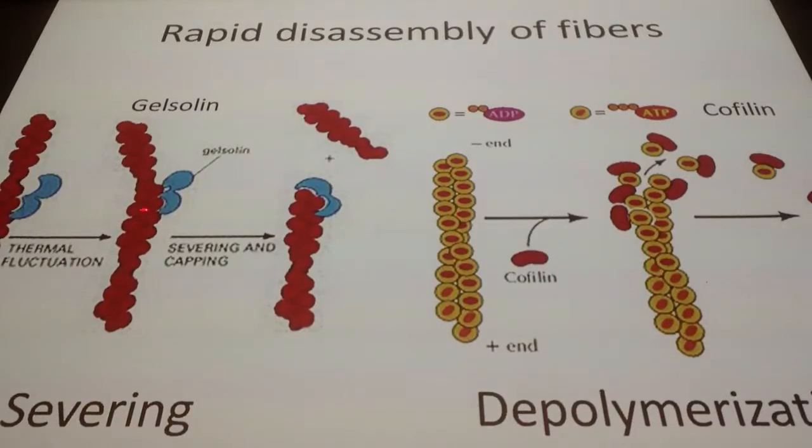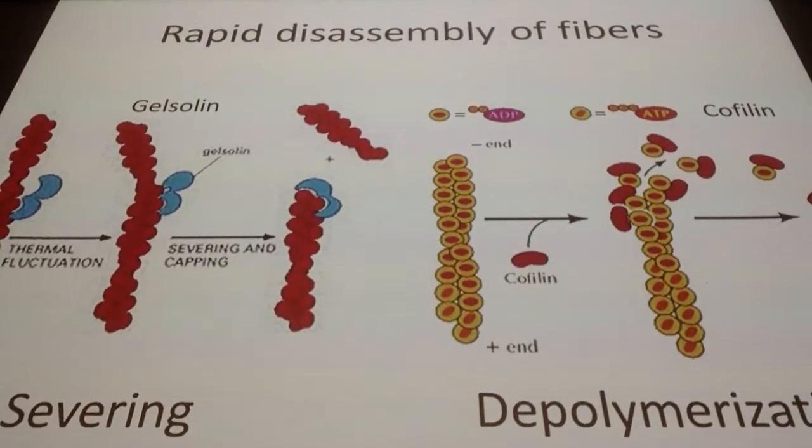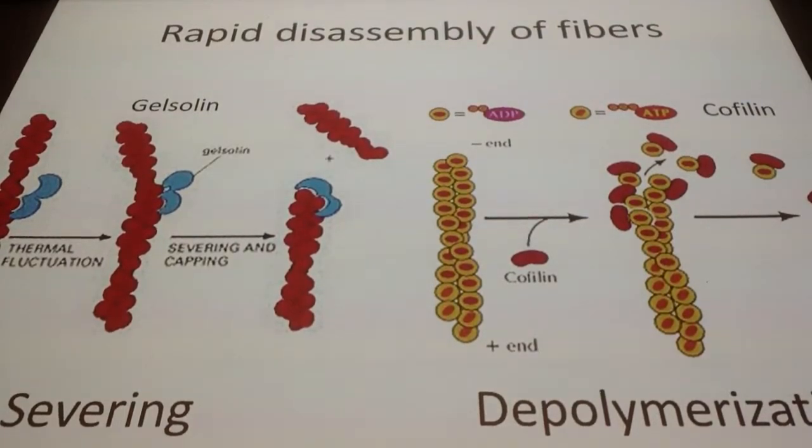So basically it cuts the microfilament right in the middle. That process is called severing, and the protein that catalyzes that reaction is called gelsolin, however you pronounce it. I'll pronounce it gelsulin. I have my own way of pronunciation. Okay, so far so good?